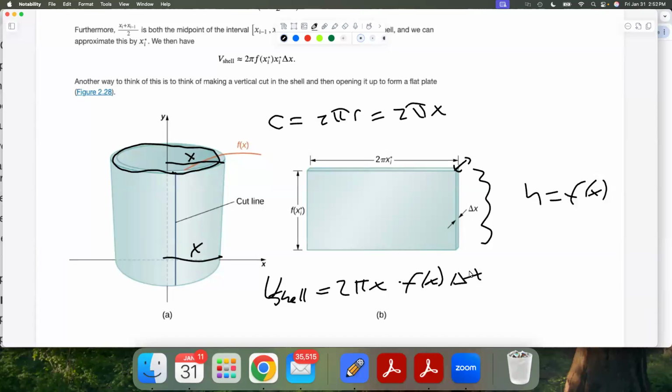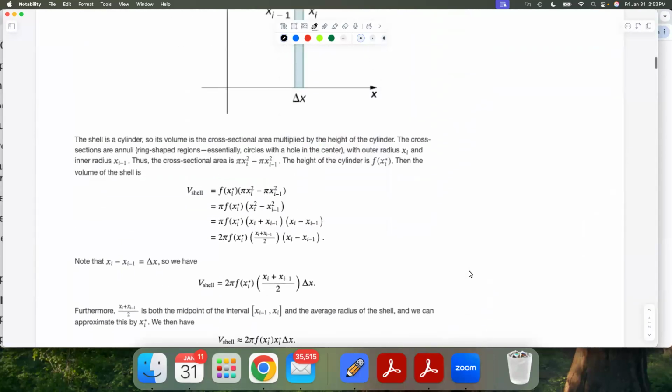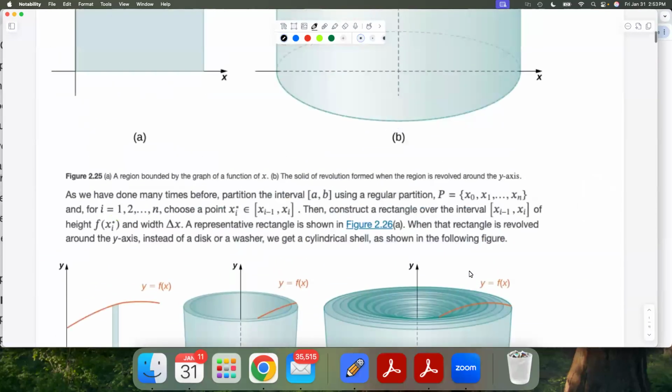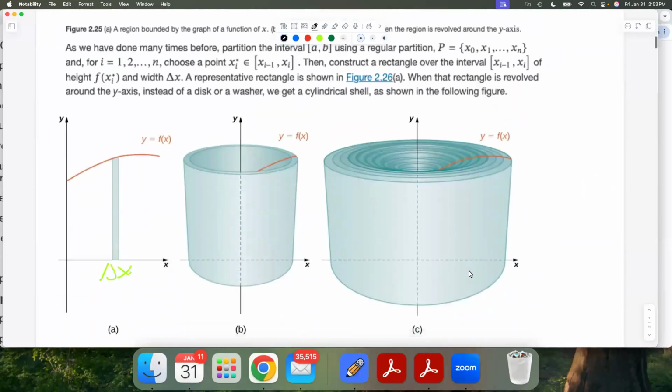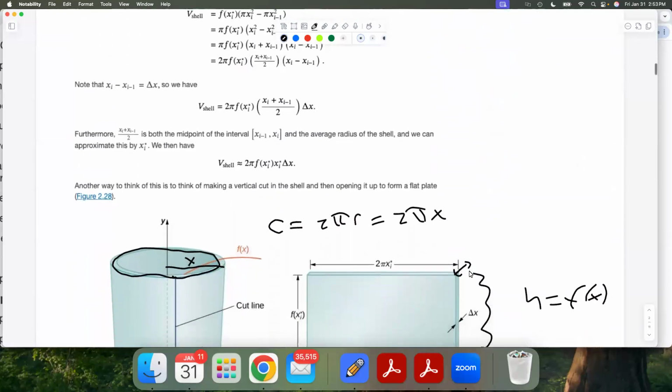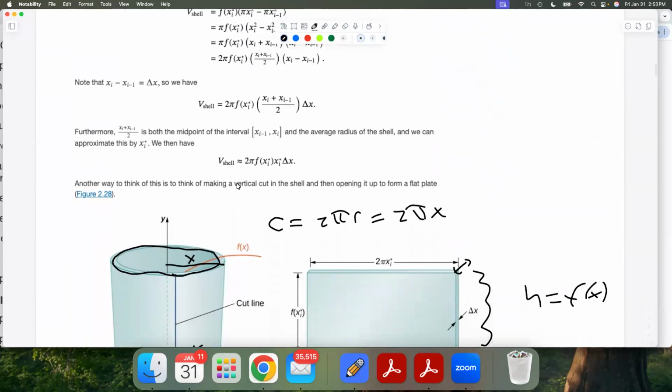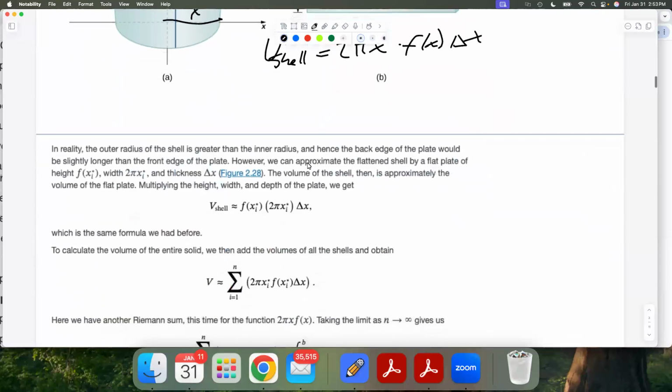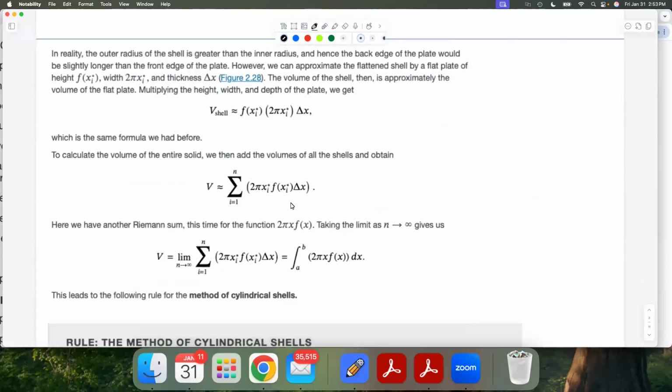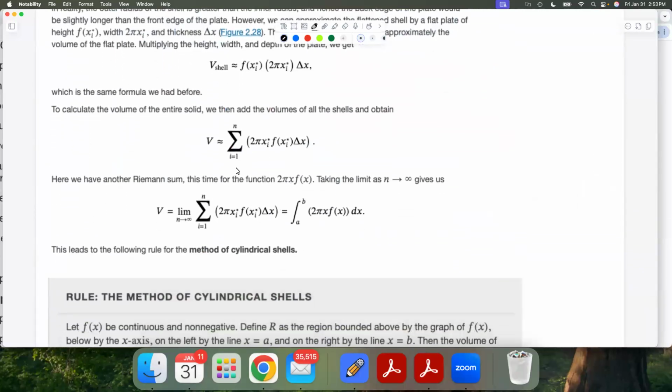And then, again, we use a Riemann sum. So we would add up all these shells, take a sum, i equals 1 to n, take the limit as n goes to infinity, which is the same thing as taking the limit as delta x goes to 0. Oh, there it is. I knew there was a Riemann sum in here somewhere.